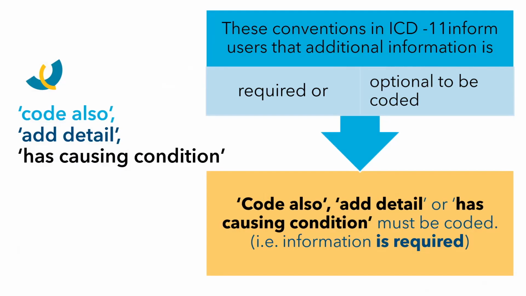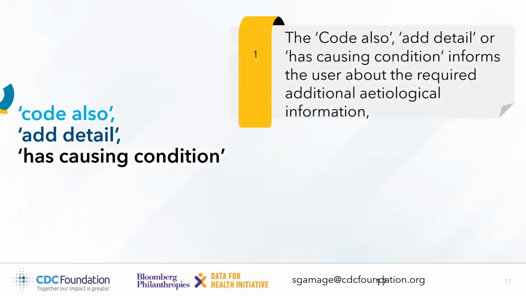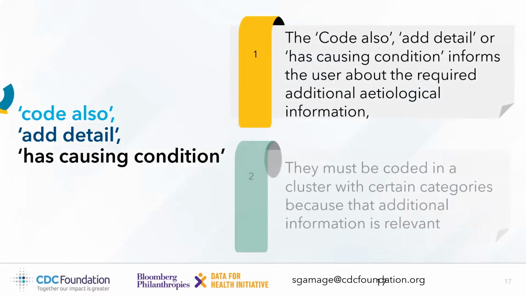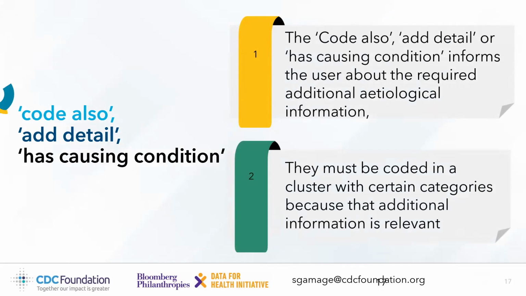Code also, add detail, or has causing condition must be coded. That is, information is required. The code also, add detail, or has causing condition informs the user about the required additional etiological information. They must be coded in a cluster with certain categories because that additional information is relevant.